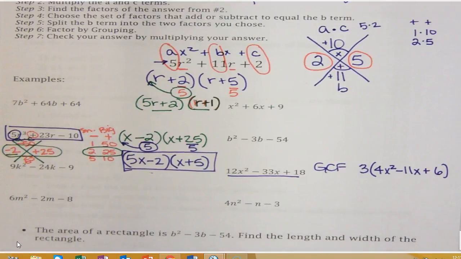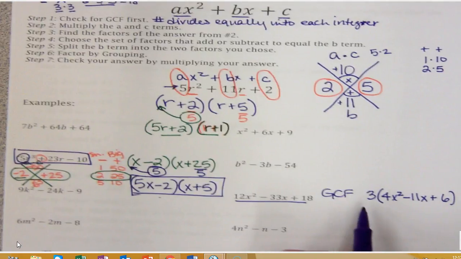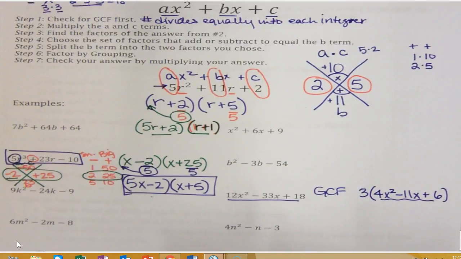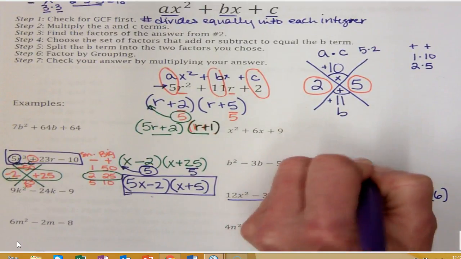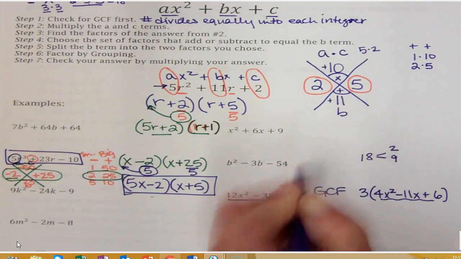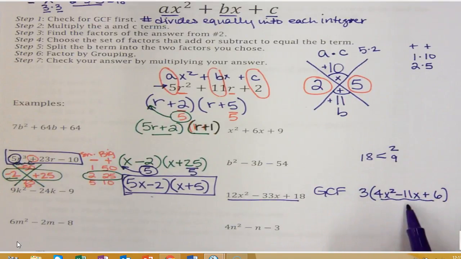So that's no different than when we're out here looking at. So after I've taken the greatest common factor out, now I'm going to look at this trinomial and say, is there any way I can break it down even further? I've taken one number out, just like we did with 18. We broke that down into 2 and 9. So now I'm looking at the 9 saying, can we break that down further? I'm looking at this saying, can we break this down further?